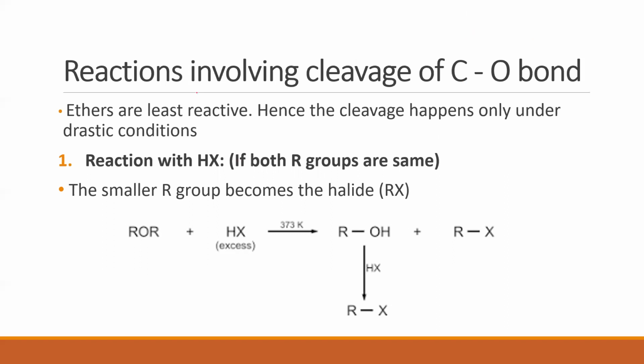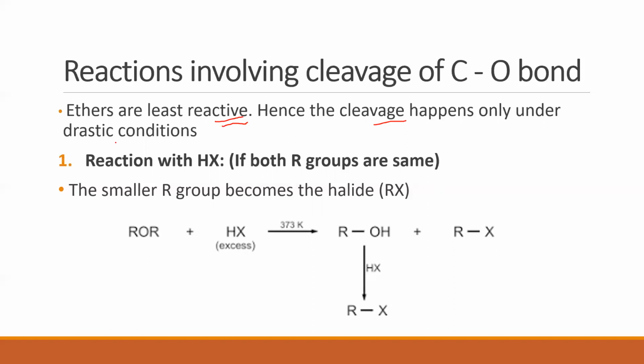One thing is for sure, you need to understand that ethers are least reactive, or in other words, they are very stable when you compare them with alcohols or phenols. They will only react, or the cleavage happens only under drastic conditions. You need a higher temperature for this reaction to happen, or in certain cases a higher pressure, or in some cases a catalyst as well.